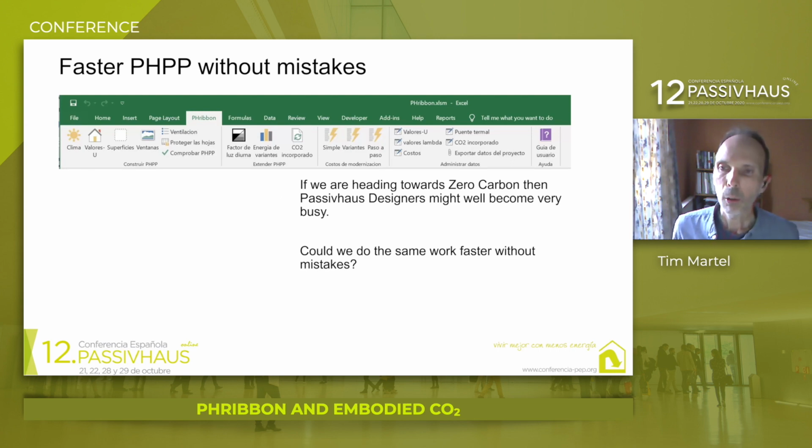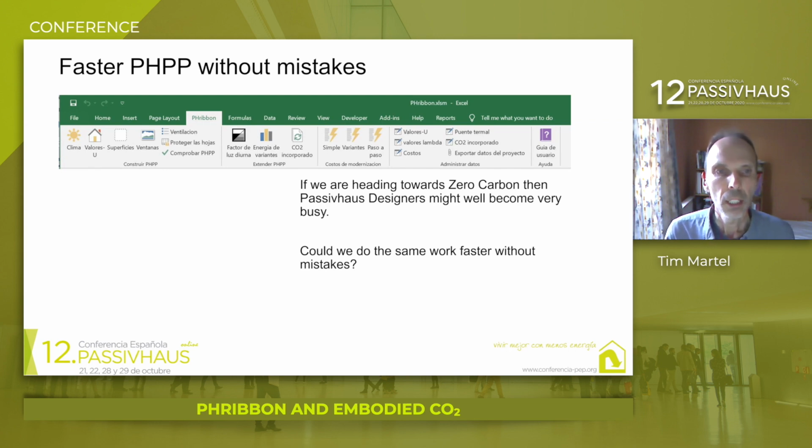So as well as talking about the embodied CO2 part of it, there's another consideration. If we're going to be designing low energy buildings, and there's a large government following for that, then we might well become very busy as passive house designers, and that would mean that it would be useful if we could have some tools to make our job a bit faster and without any mistakes.